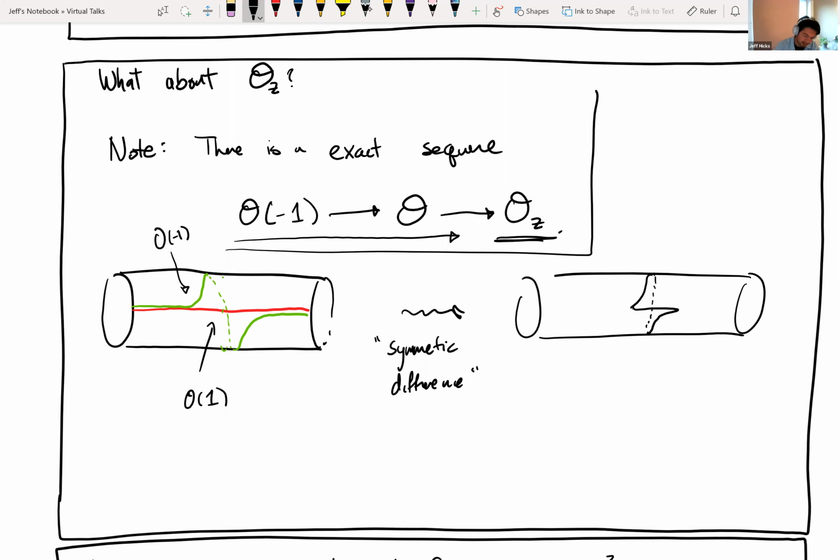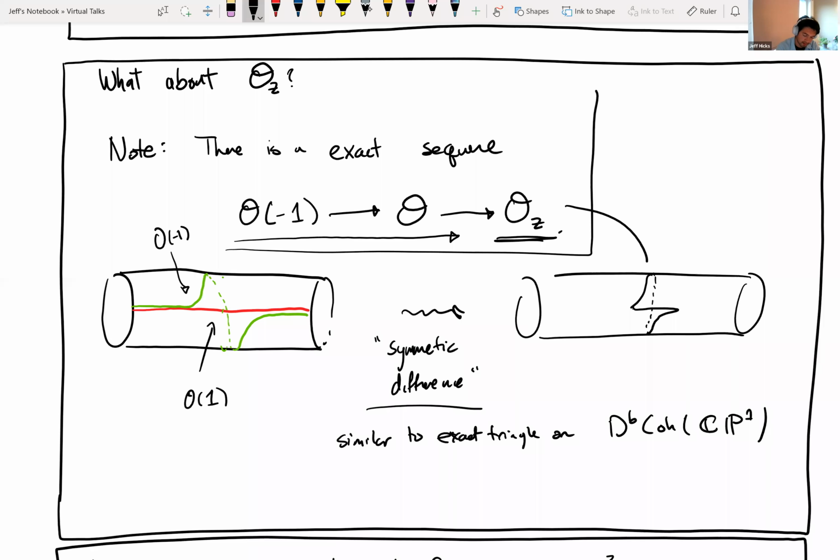So maybe we think that the symmetric difference operation is similar to taking an exact triangle on the mirror, and we think that this Lagrangian fiber, F_q, is mirrored to the skyscraper sheaf above the point.